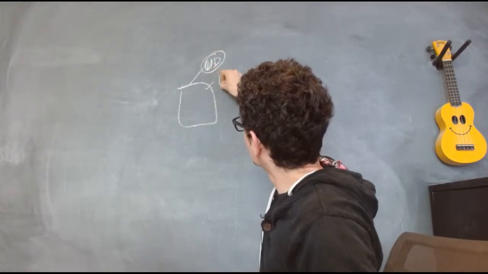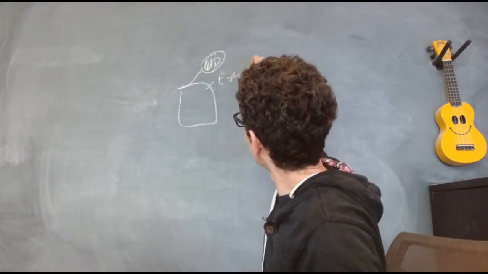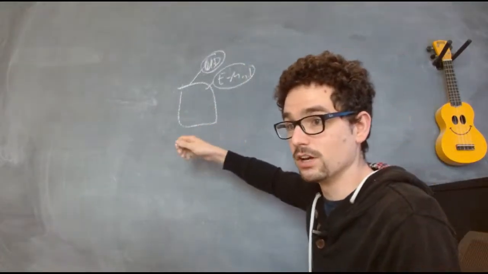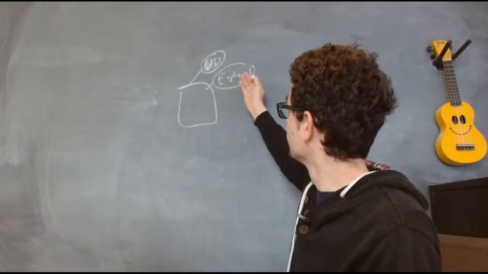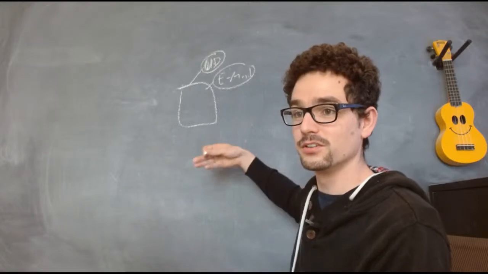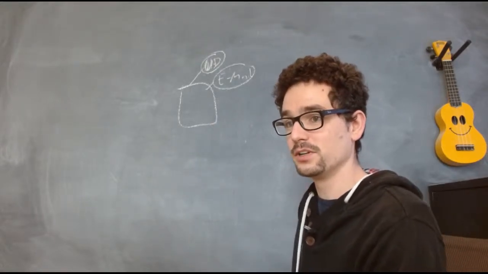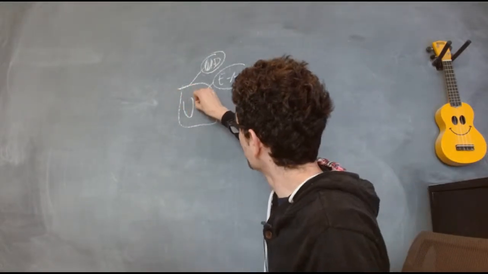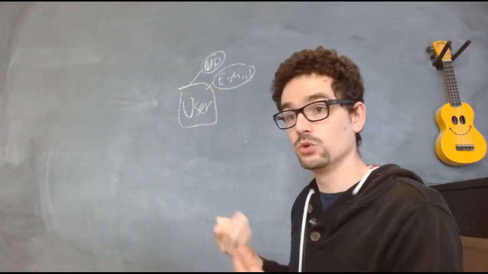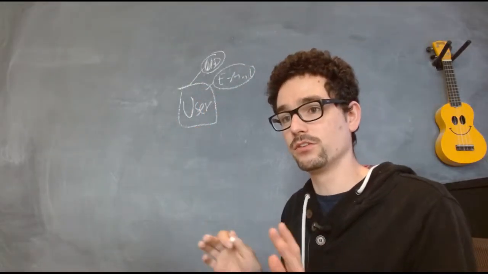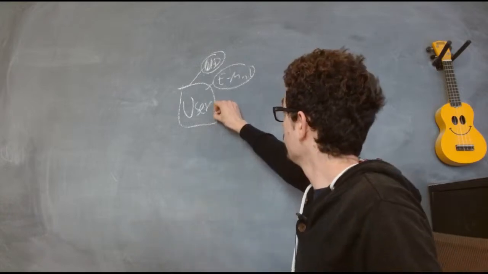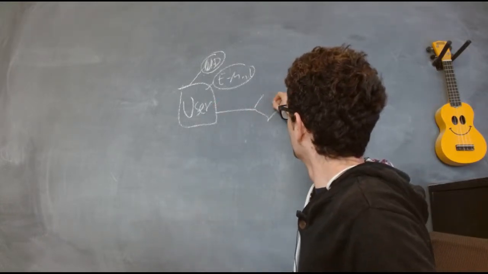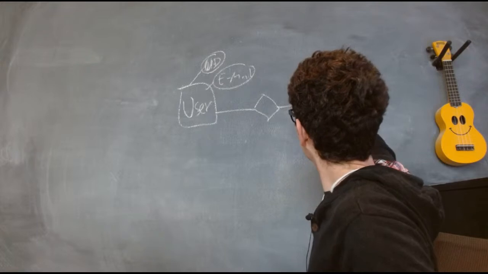A user has email and other properties like password, name, country, city, and so on. So this is the user. A user has multiple accounts, but that's not important for now. And then a user has one window.